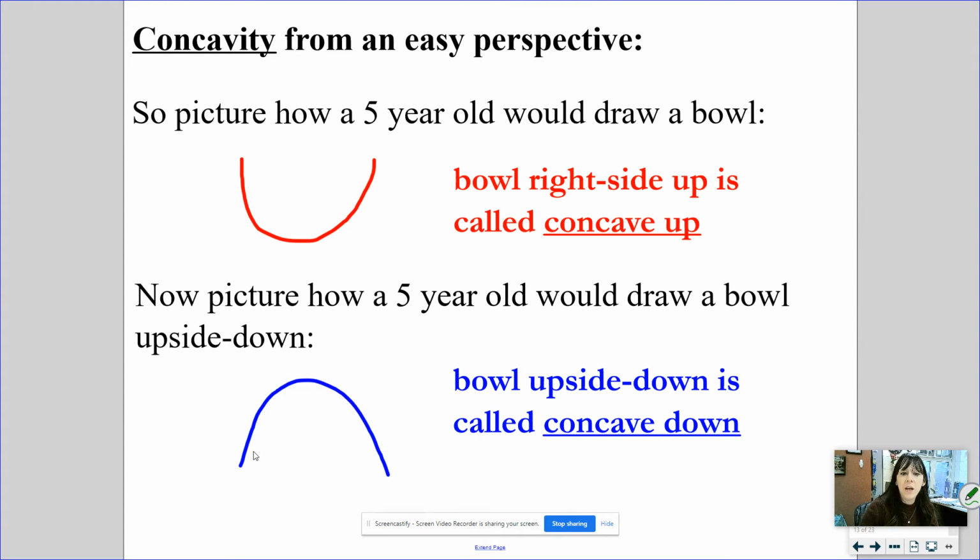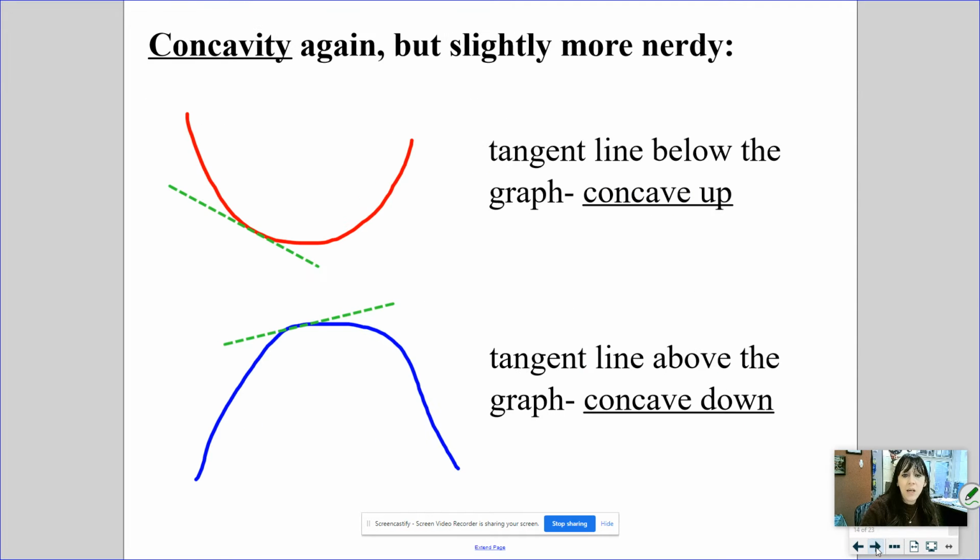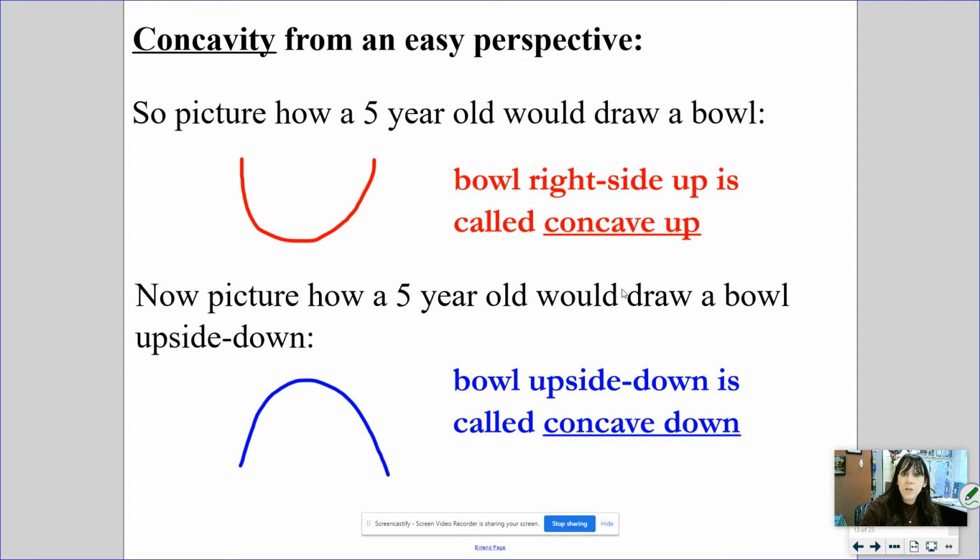If it looks like an upside down bowl or an upside down U, that's called concave down. And knowing that word concavity would be very helpful here in this situation, okay? So here's your elementary description of concavity based on a 5-year-old's perspective.